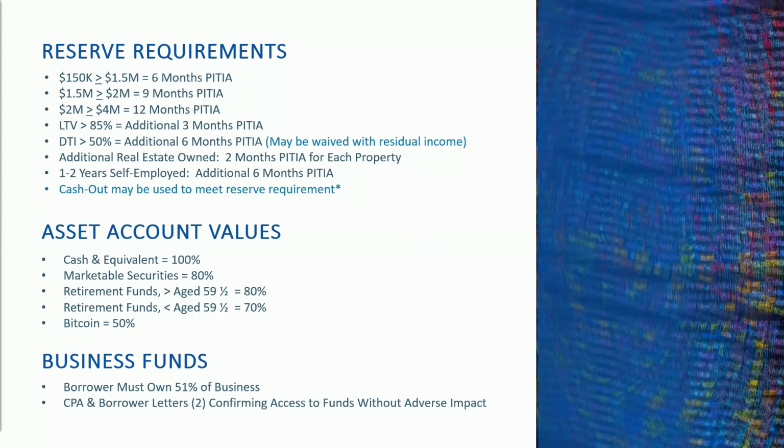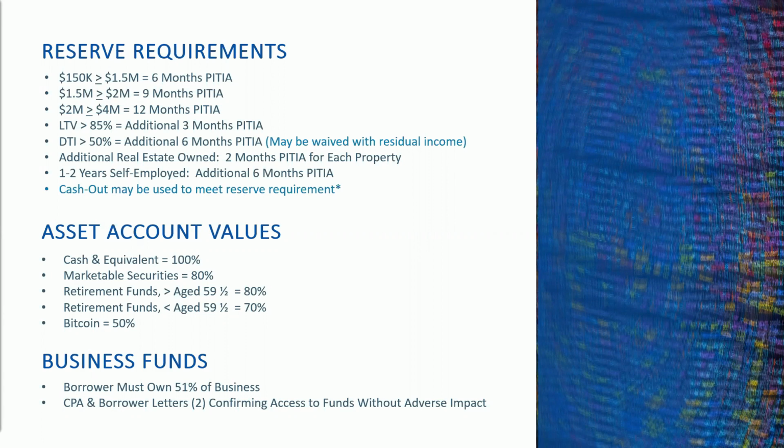Reserve requirements. All of our products do have a reserve requirement, largely based on loan amount, but there's a couple other nuances that we'll touch on. Between 150 and 1.5 million is 6 months payment. 1.5 to 2 is 9. 2 to 4 is 12.